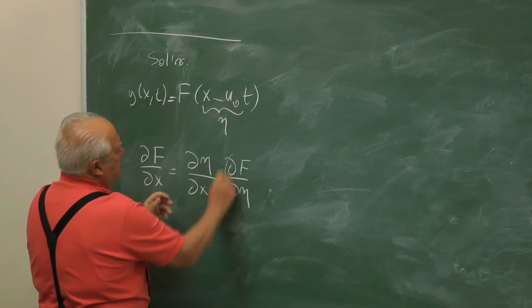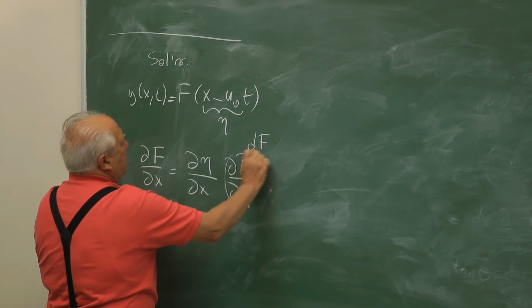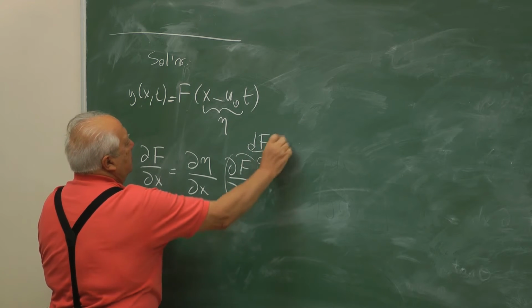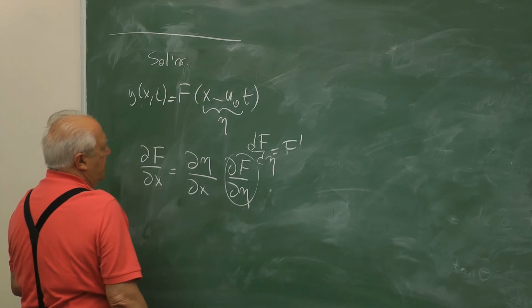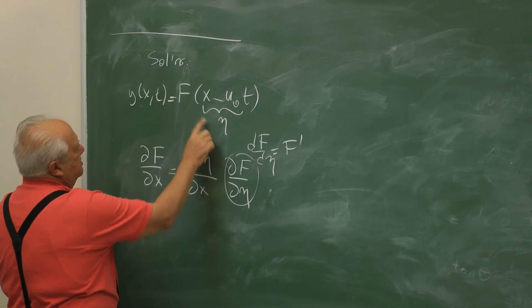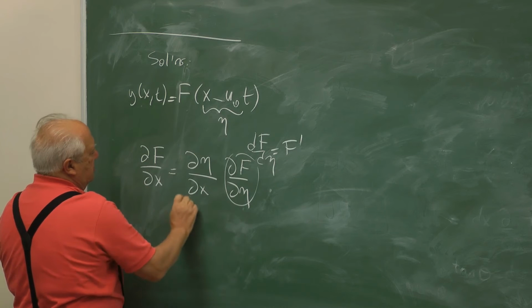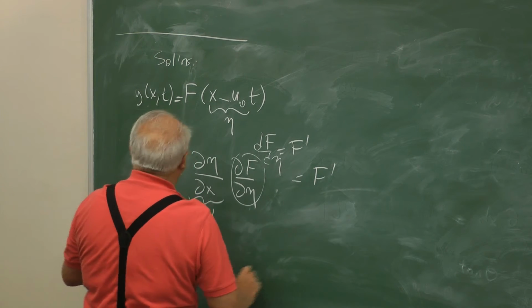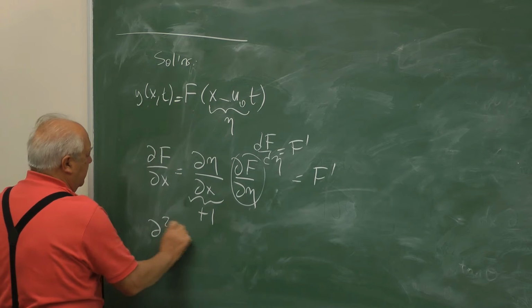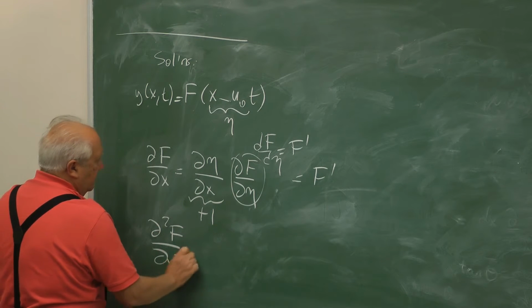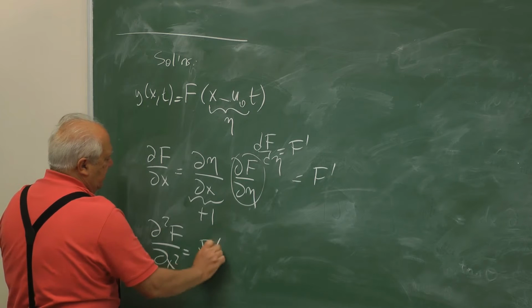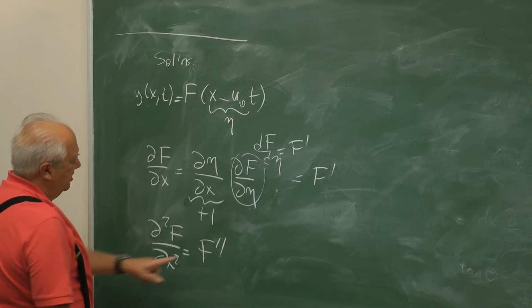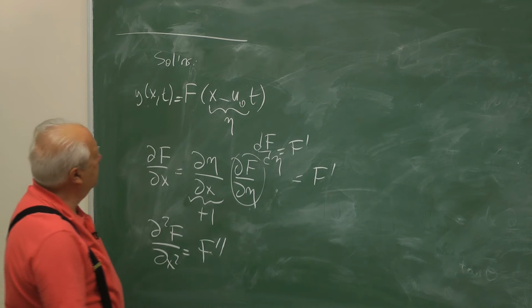So this is also df/dη, which I will call f prime. And η is x minus u0t, so this is simply plus 1. So this is f prime. Clearly, the second derivative is f double prime, double with respect to η.